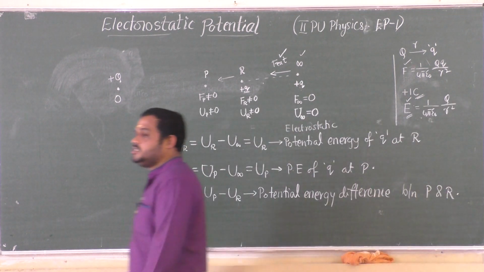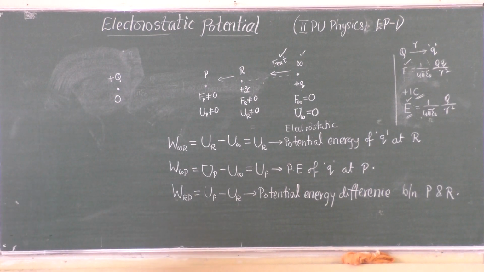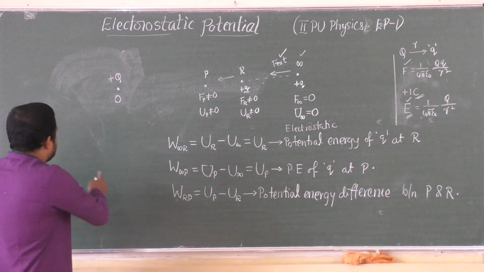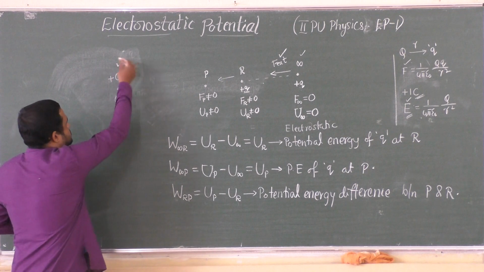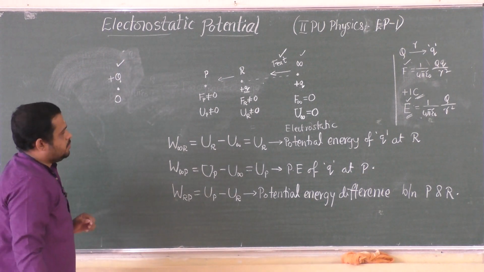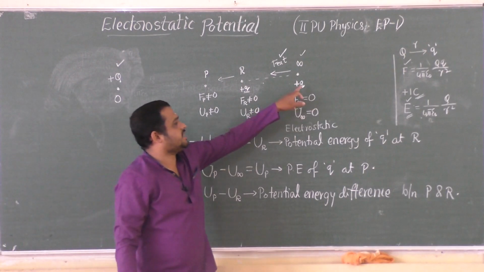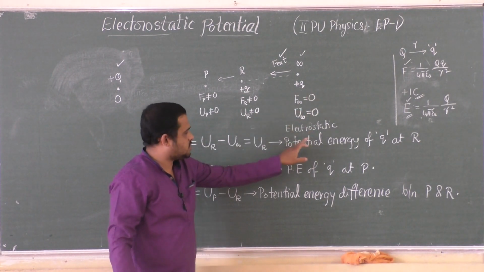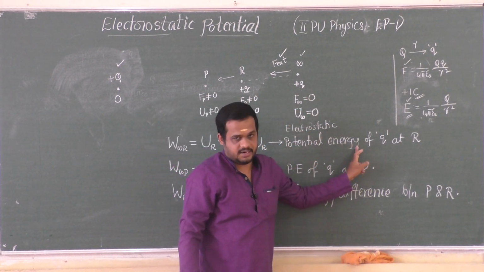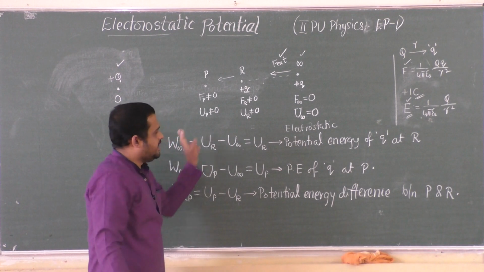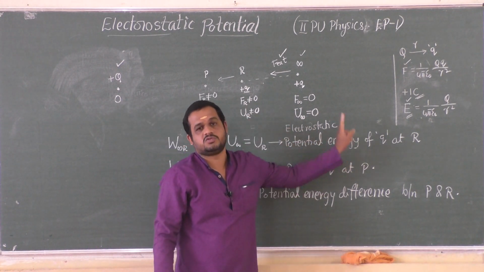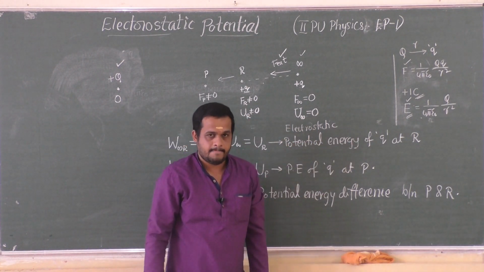In the same way, in case of potential energy also, due to a source charge, the potential energy of any random charge q is called electrostatic potential energy, and the work done is stored in the form of electrostatic potential energy.